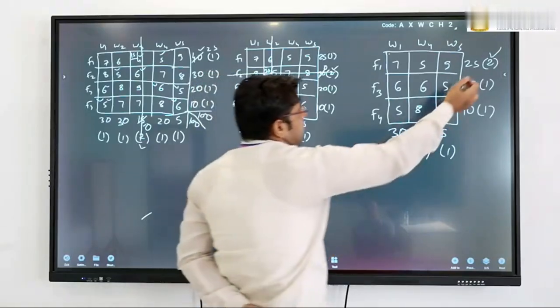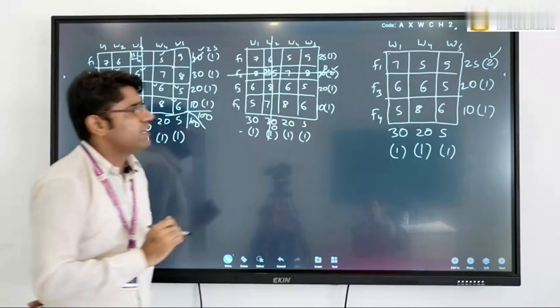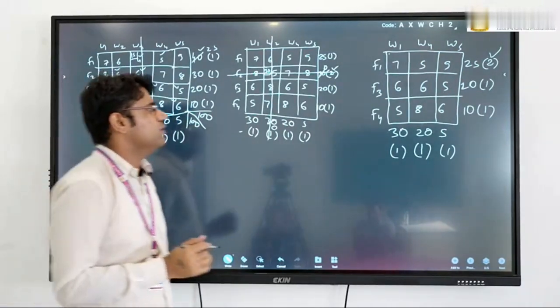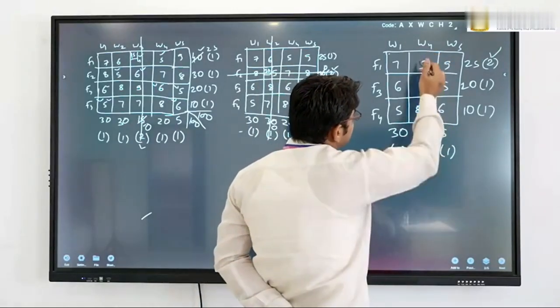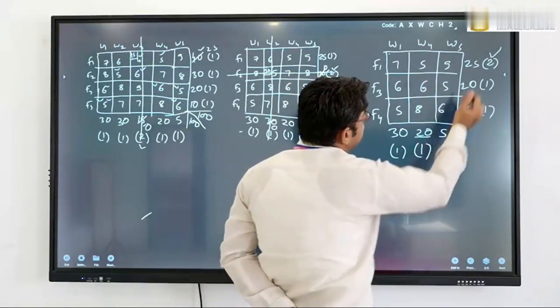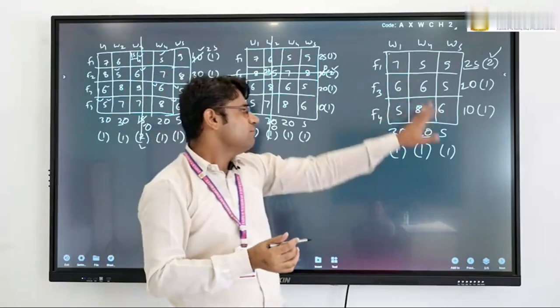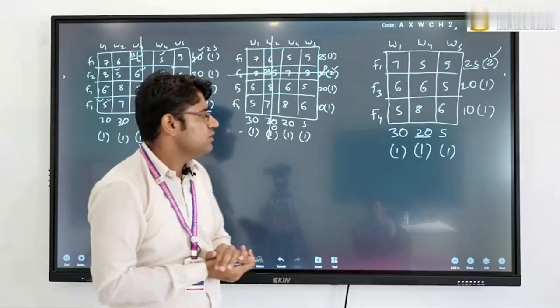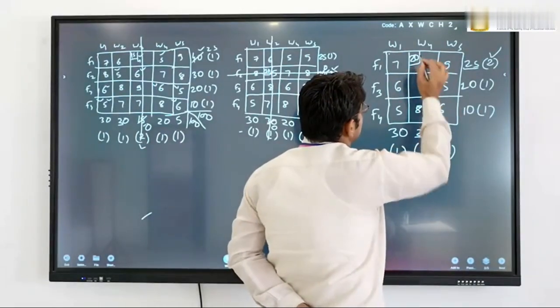So in this row, we choose the smallest cost cell. Here the smallest cost cell is 5. For 5, the demand available is 20 and supply is 25. So here allocate the minimum of 20 and 25, which is 20.